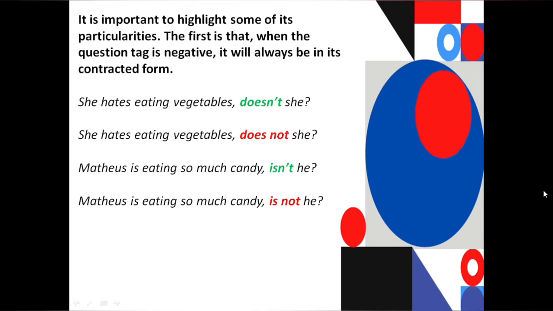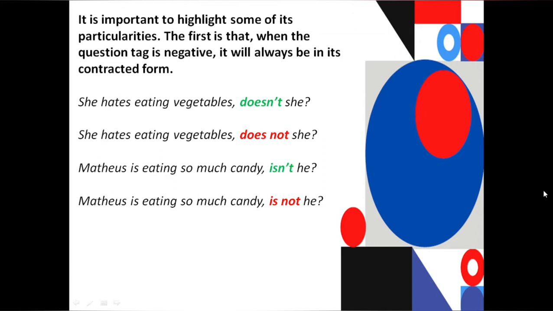Another very important thing, guys, is that, let's read here. It's important to highlight some of its particularities. The first is, when the question is negative, it will always be in its contracted form. So guys, this is very important. When our tag question is negative, we always have to use the contracted form.